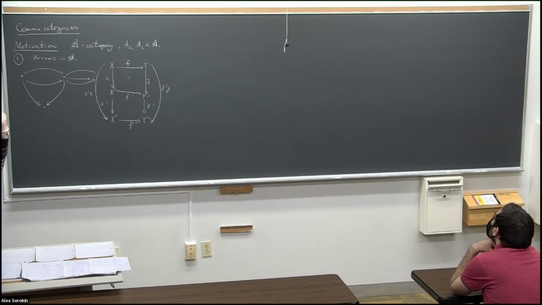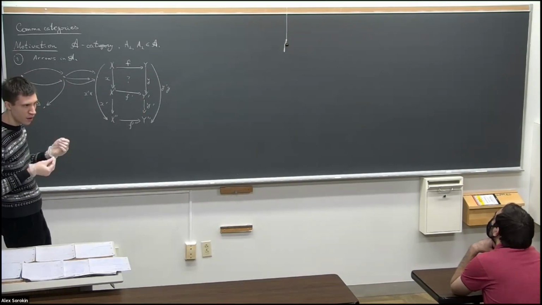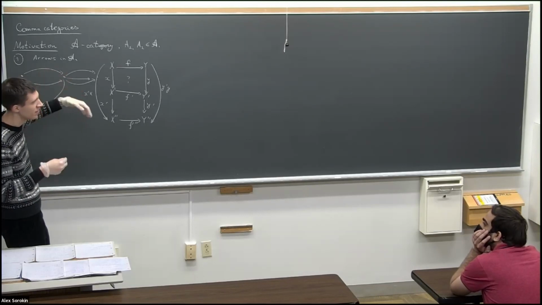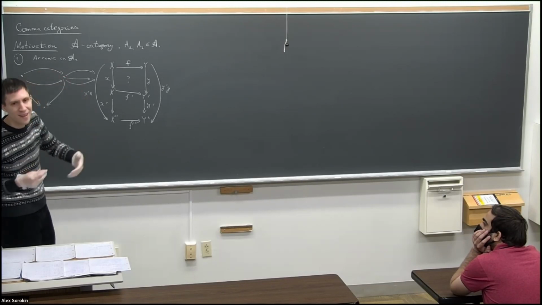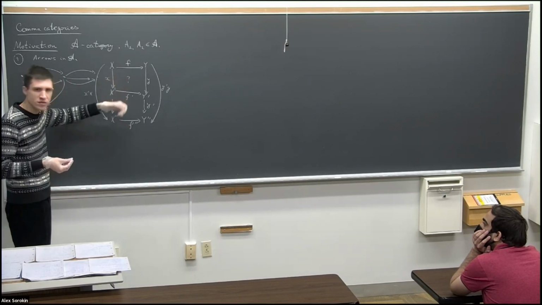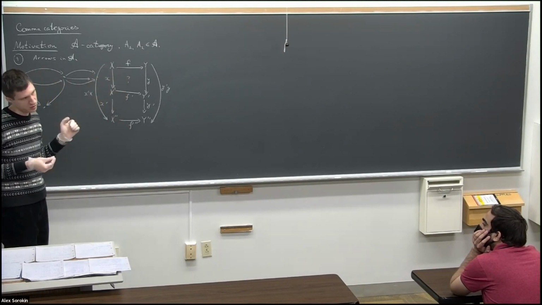Then you are asking yourself, maybe I can organize arrows, morphisms in my category in a way that they themselves will behave as a category, just because I know that there are squares, I can find commutative squares, etc. And how can I do this?